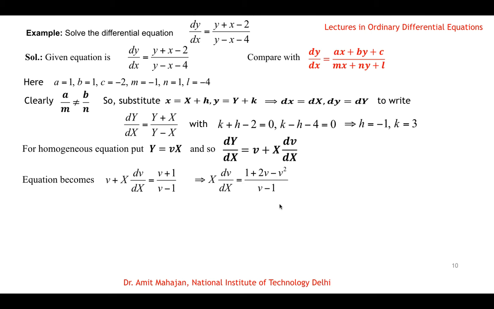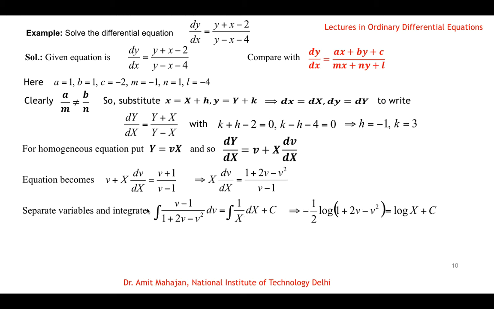You can rewrite. Now separate the variables, take v on one side and X on the other side of the equation, and then you can simply integrate to find a solution. If you divide and multiply by 2, you can see that the denominator's derivative is the numerator, so it's a log function.